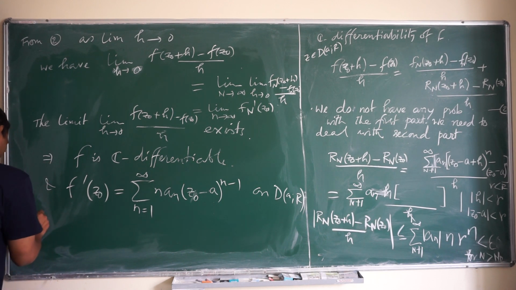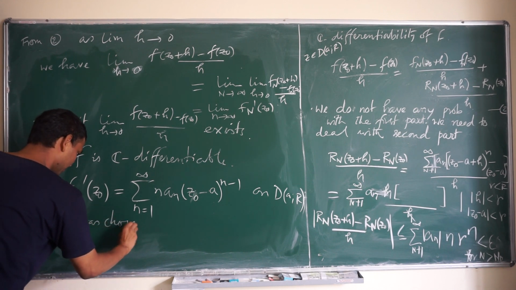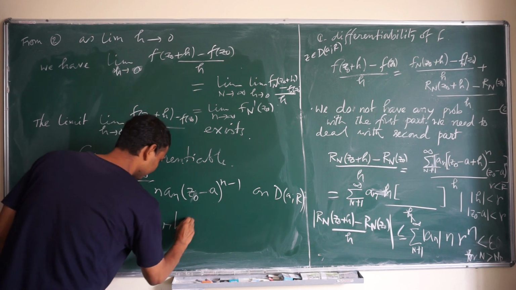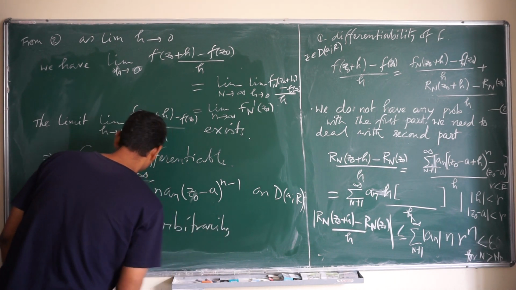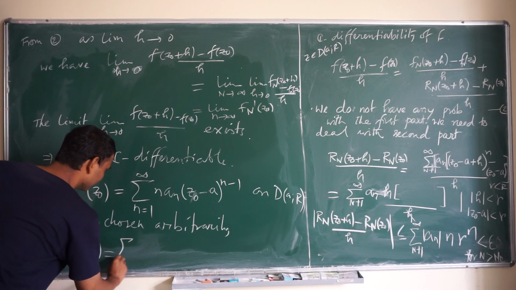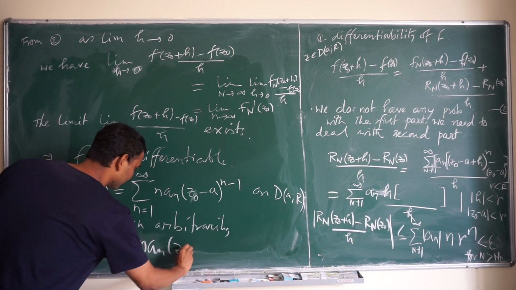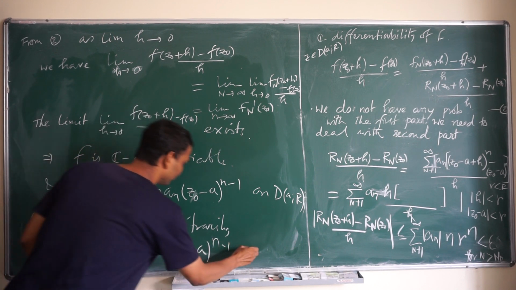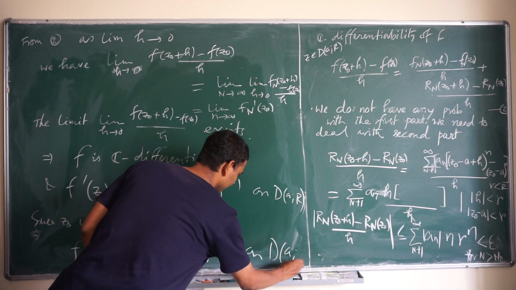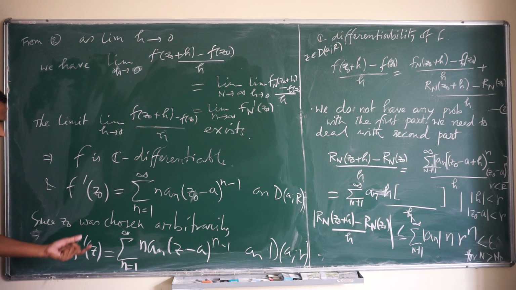Since z0 was chosen arbitrarily, f prime z is equal to the summation n equal to 1 to infinity of n an (z minus a) to the power n minus 1 on D(a, R). So once you have a power series, its derivative on its domain of convergence is again a power series.